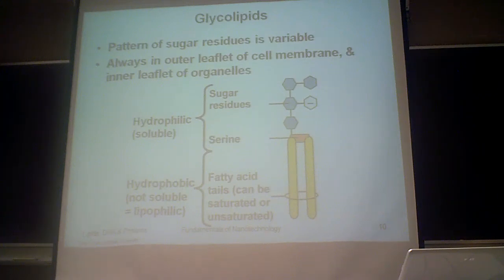So now you have the hydrophobic tail and the head group. Now you have the sugar residue. Sugar residues impart hydrophilic characteristics. The serine group is the one that connects these two tails to this sugar ring, and you can vary them. So they are compounds that act as receptors.